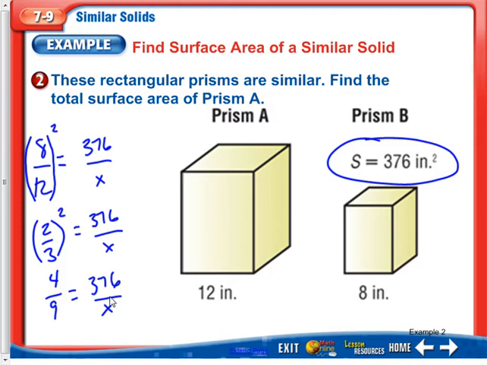Okay, so now we actually have the proportion that we need set up, and now we can cross multiply and divide. So it's the same thing we were doing before, except for this step of squaring my ratio. And when we find volume, you'll want to cube the ratio that we know. So we're going to have 4x is equal to 9 times 376, which is 3,384.